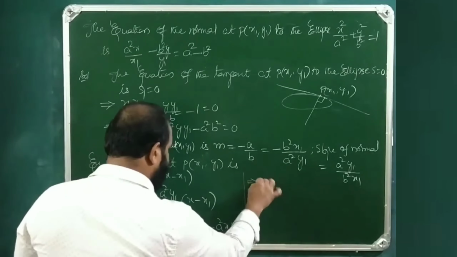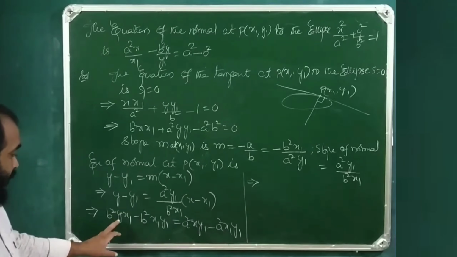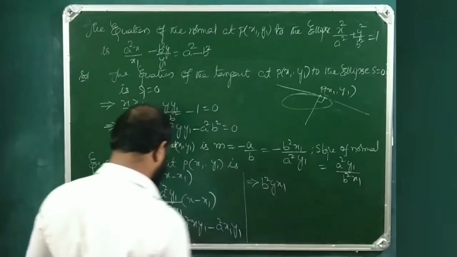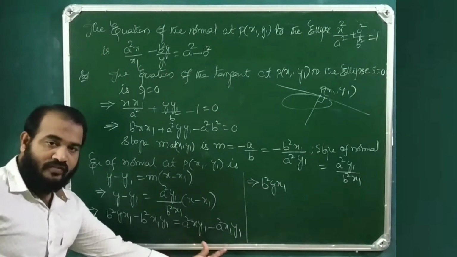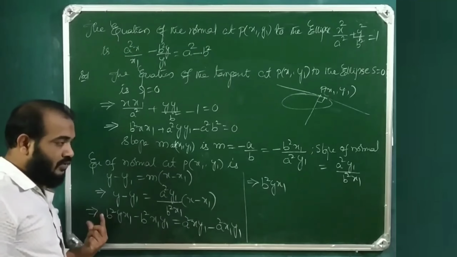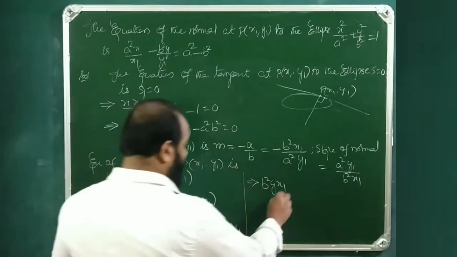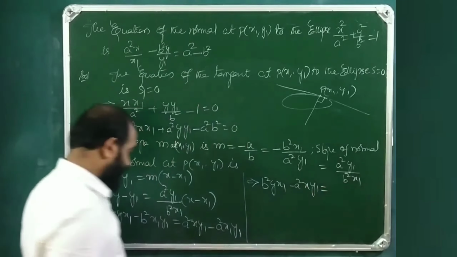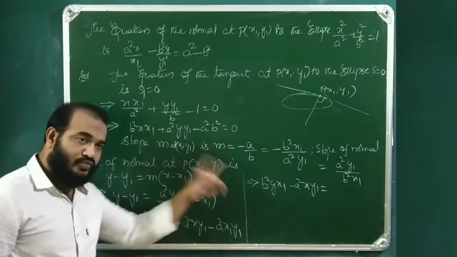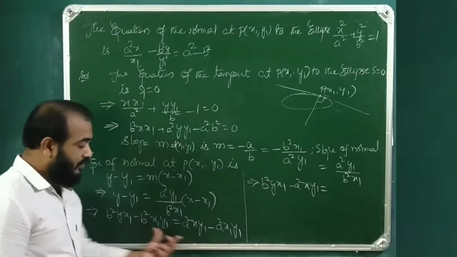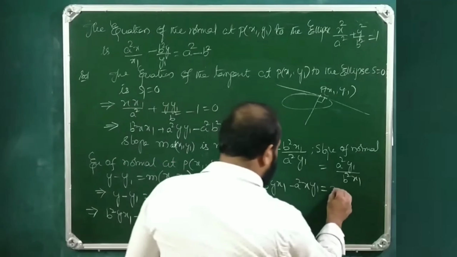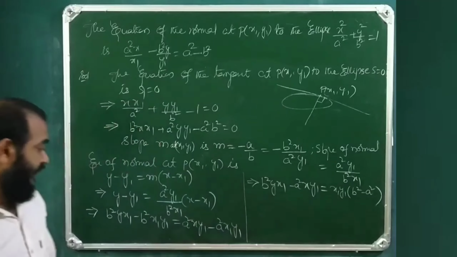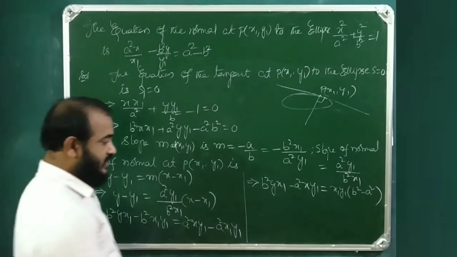So this is equals to b square y x1, this a square x y1, if you transpose onto this side, minus a square x y1 is equals to this, minus b square, if you transpose onto another side, that is b square x1 y1 minus a square x1 y1. Take x1 y1 common, then b square minus a square is what we get.